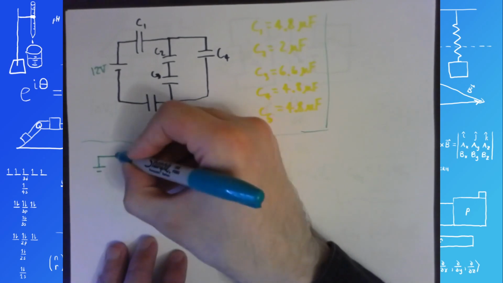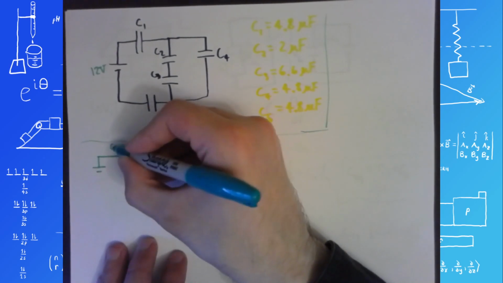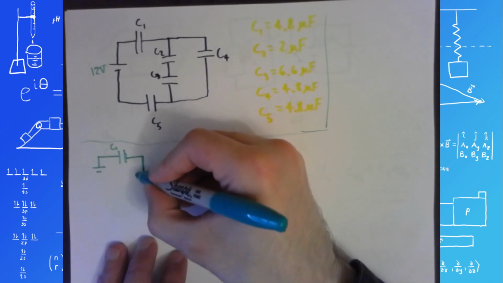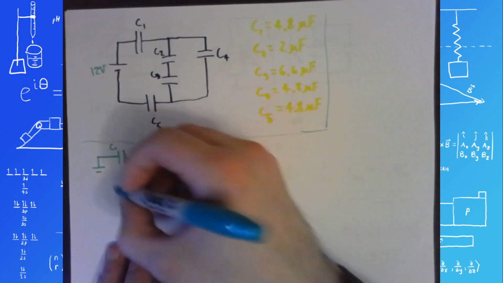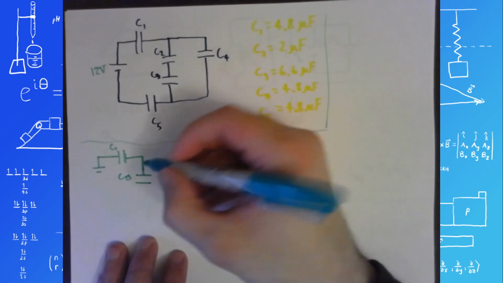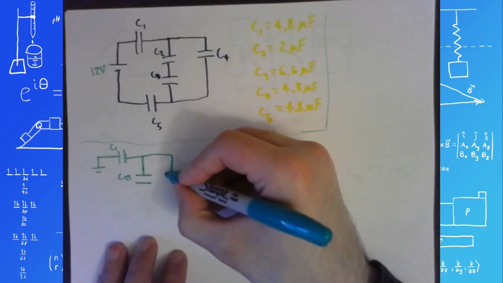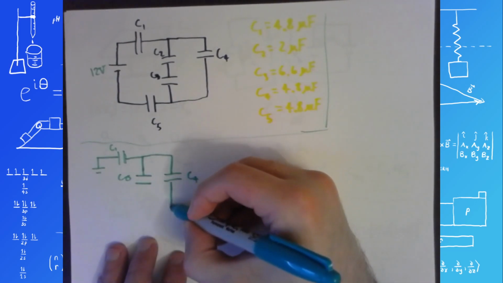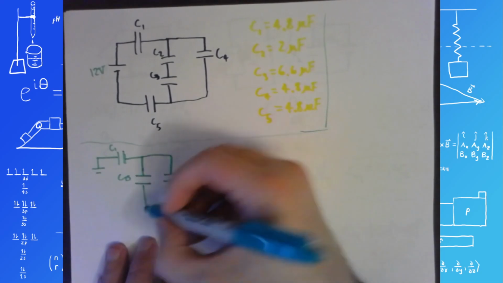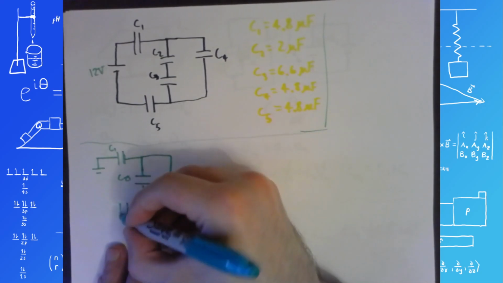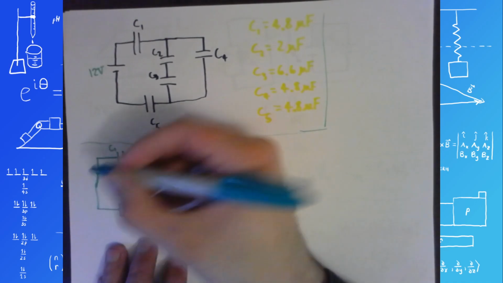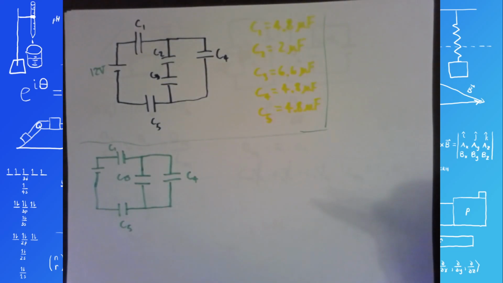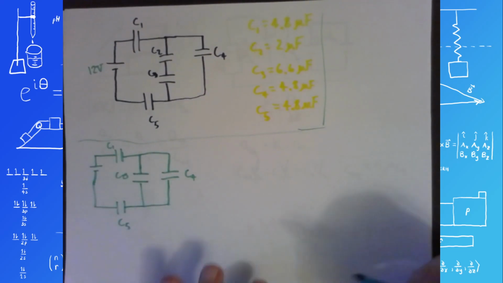So here's C1, and then C2 and C3 are going to combine into a single capacitor that I'm going to call C23. C4 stays alone for now. And there's C5. Okay, so that's going to be the first combination we do.